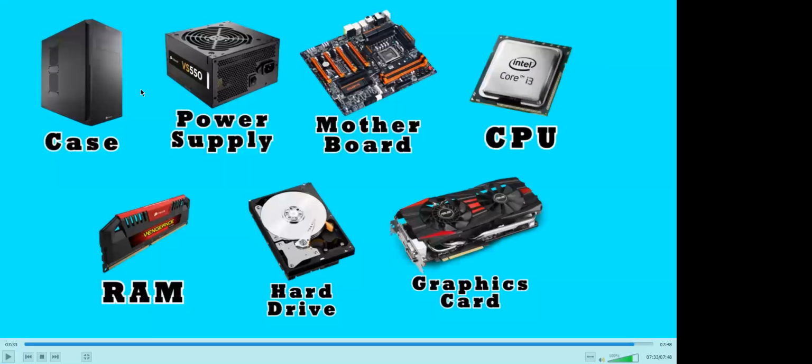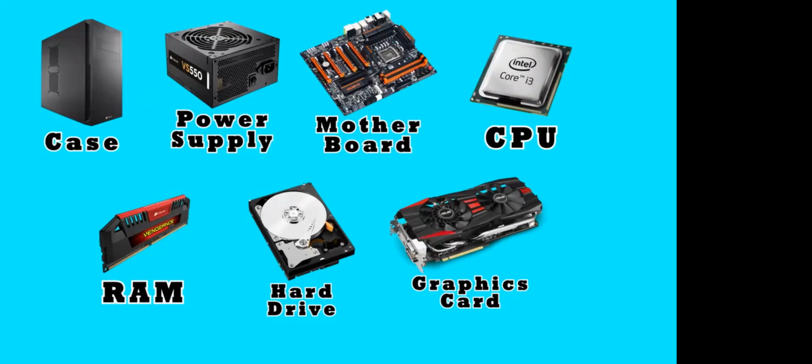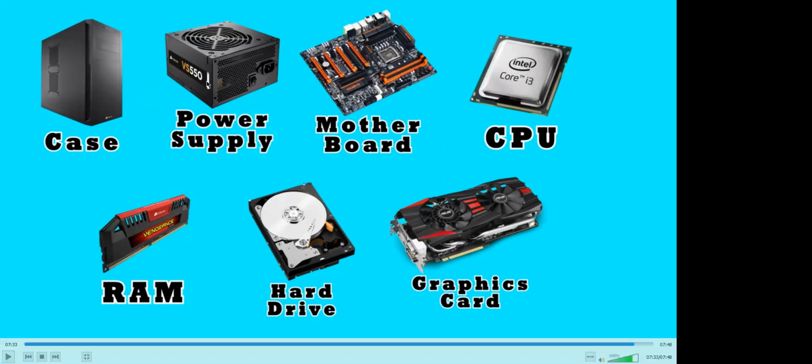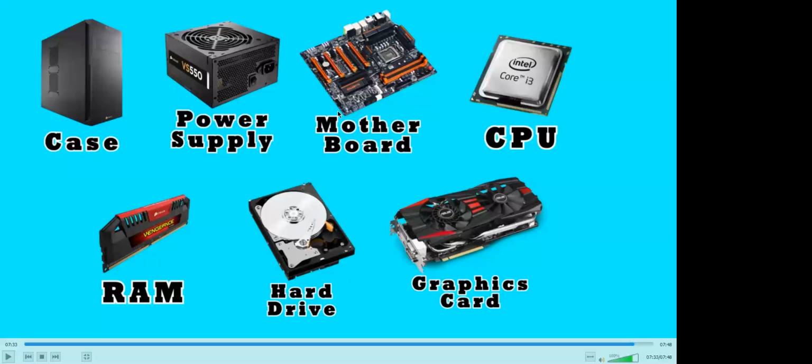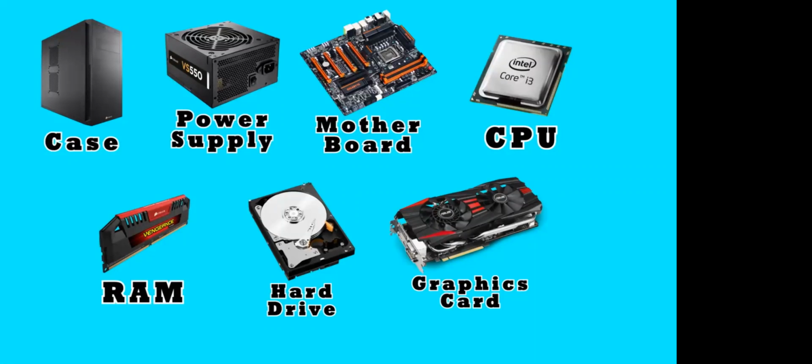The case will contain every essential component in a PC. Okay, so the power supply will give the required amount of current to the hardware components. The motherboard will distribute the power and act as a communication bridge between the CPU and other components.